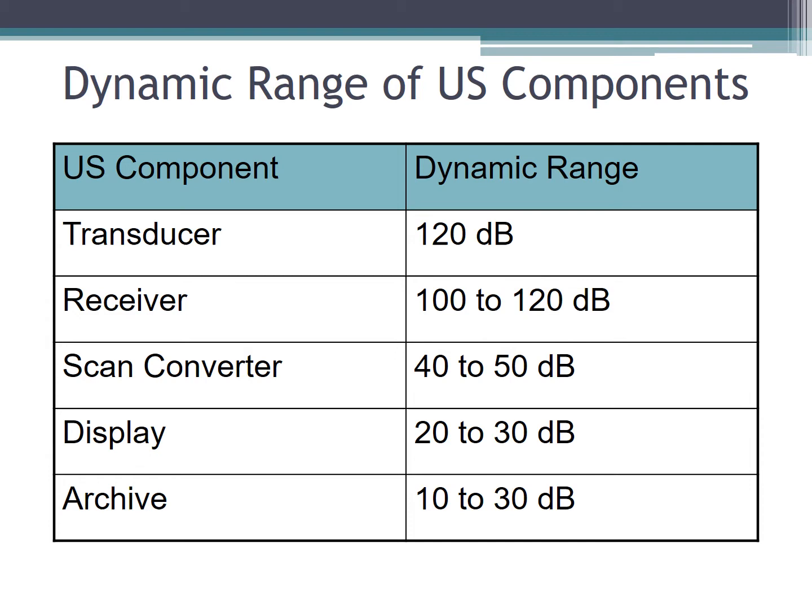This chart exemplifies a little bit what I had just said, with the transducer having a dynamic range of 120 decibels, down to the archive system, which only has a 10 to 30 decibel dynamic range.